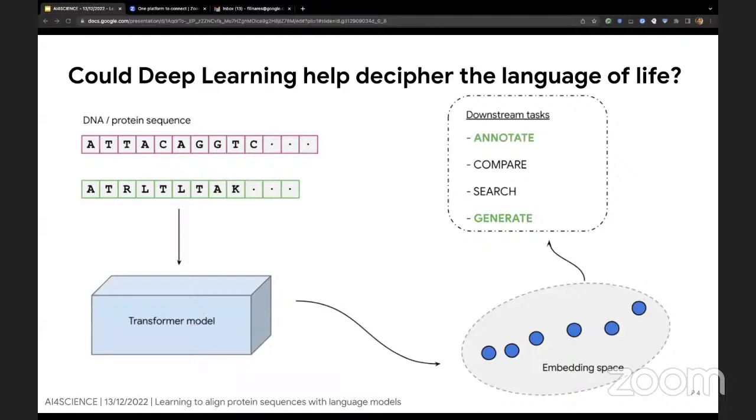Again, AlphaFold 2 is without a doubt the most prominent and impactful application of transformer-based models to biological sequences, but there have been also many advances in other tasks like protein annotation or generative protein design, to name a few. However, applications of these models to tackle sequence alignment and, by extension, sequence comparison and search have received less attention.